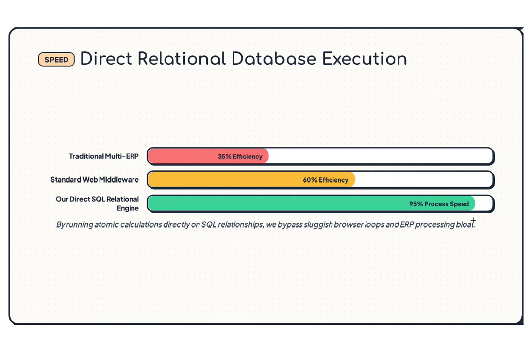Somebody told me 95.95, but I always found it to be maybe more, but okay, 95 is good enough. And by running the atomic calculation directly on an SQL relational engine, we bypass the sluggish power of it.